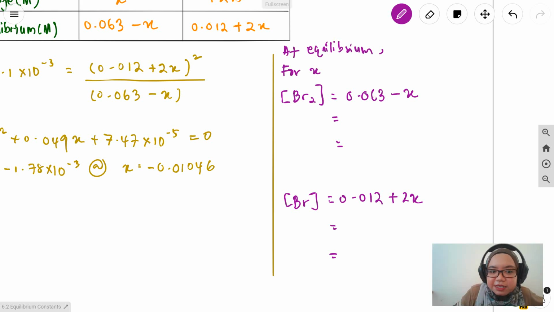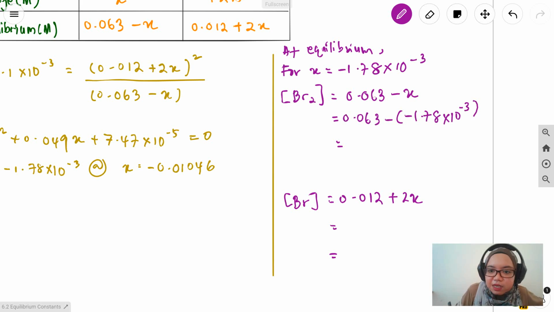For x equals negative 1.78 times 10 to the negative 3, we get 0.063 minus negative 1.78 times 10 to the negative 3, which equals 0.0648 molar.